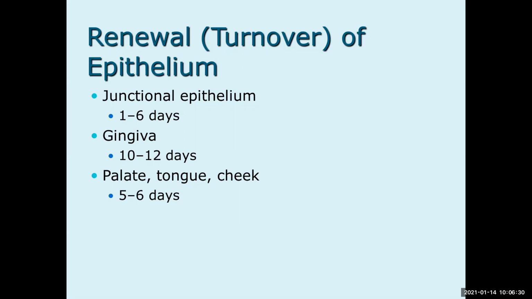It's amazing when you do a debridement on a patient and you do 2 quadrants and they come back 3 days later for another 2 quadrants of debridement or scaling and root planing, whatever the terminology you're using, you can see such a dramatic result in just a day or 2. It's amazing. Now, they're not healthy yet, but the signs of health are increasing, and the signs of inflammation are decreasing because of this cellular turnover.